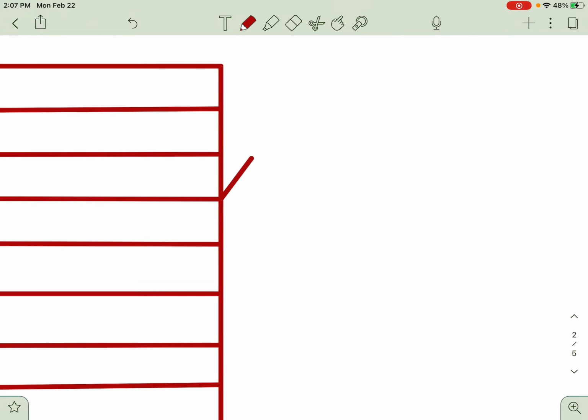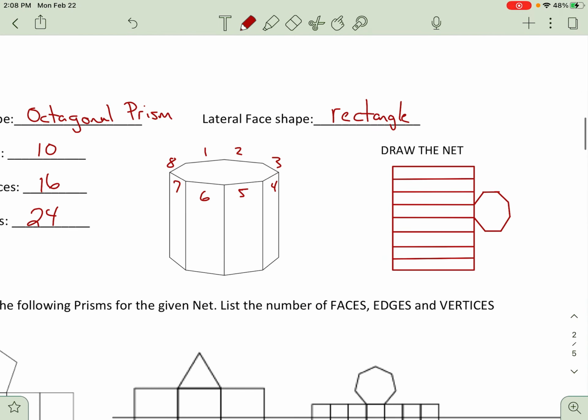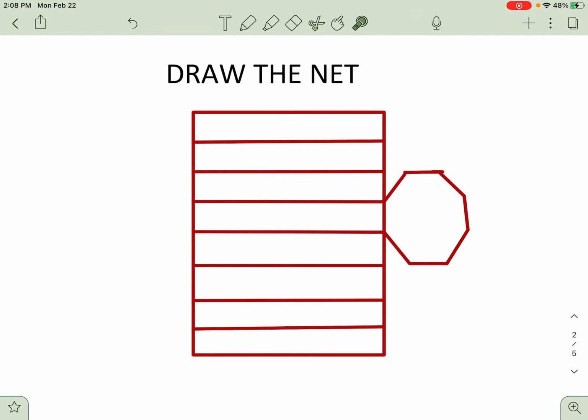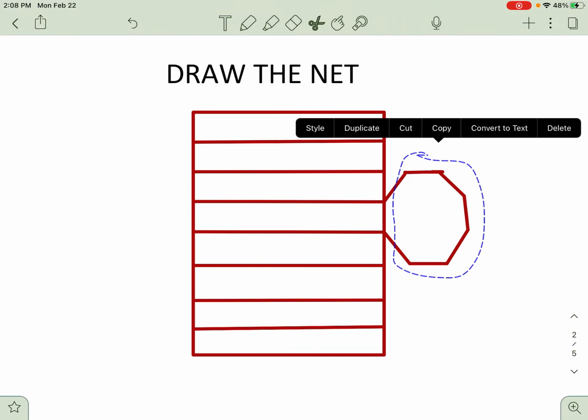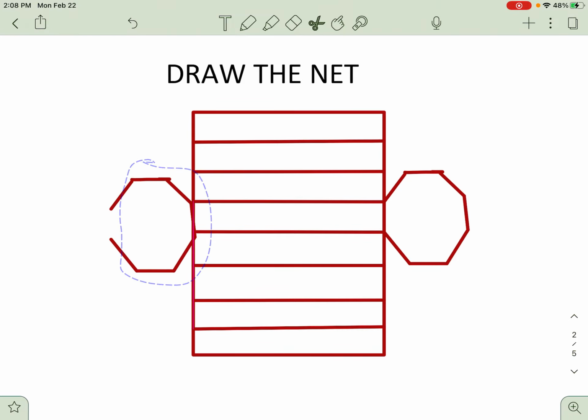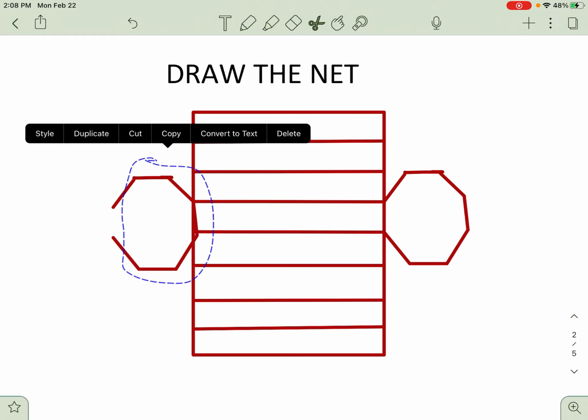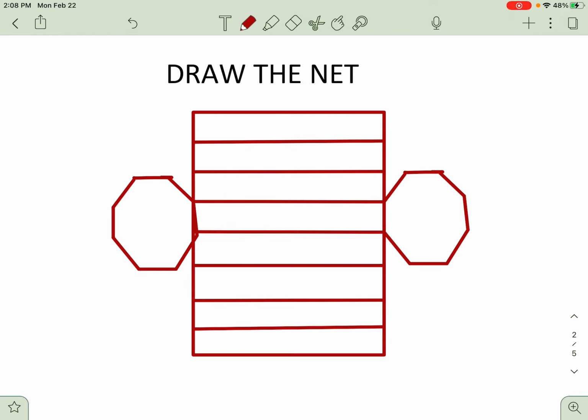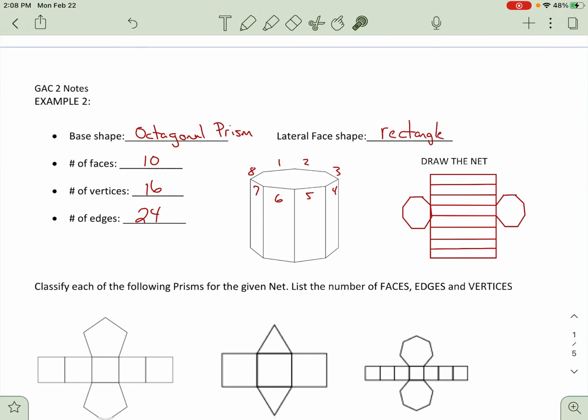And then, of course, you have your 8 as well here. And there's your octagonal prism. So you have your base, and I actually forgot. I'm going to copy this and put it on this side as well. Not great, but you understand the point. So these 2 will fold in, and then the rest of these fold around and wrap around it like a snake.